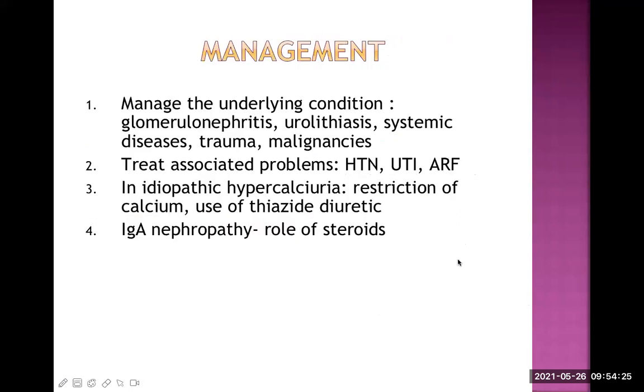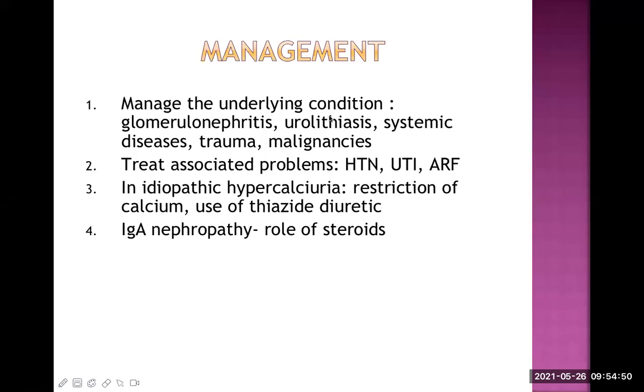Now, the final slide, how to manage the case. This is a bit of a generalized question, isn't it? There are so many causes of hematuria. So the proper answer would be, I like to find out the appropriate cause and then treat accordingly. That will be the absolutely desired answer. Now, let's talk a little bit about it.